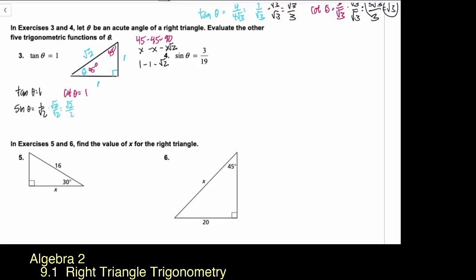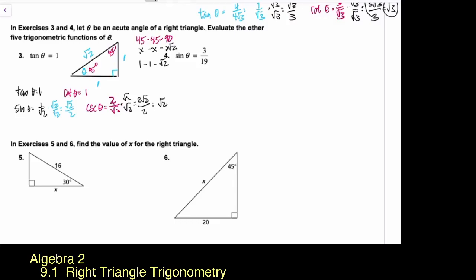Then we find the inverse of that, which is cosecant theta. The reciprocal is 2 over rad 2. But in order for us to solve this out, we got to multiply top and bottom by rad 2. So we have 2 rad 2 over 2, which ends up equaling rad 2 by itself. All right, there is that.